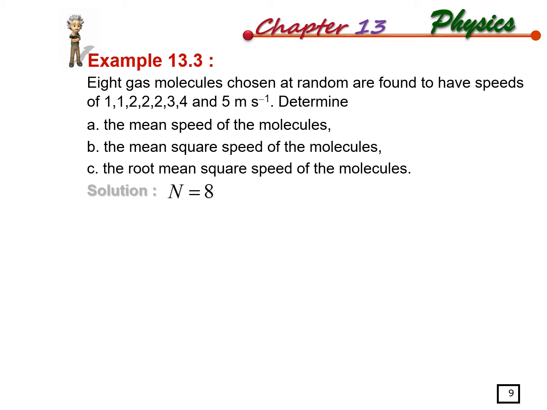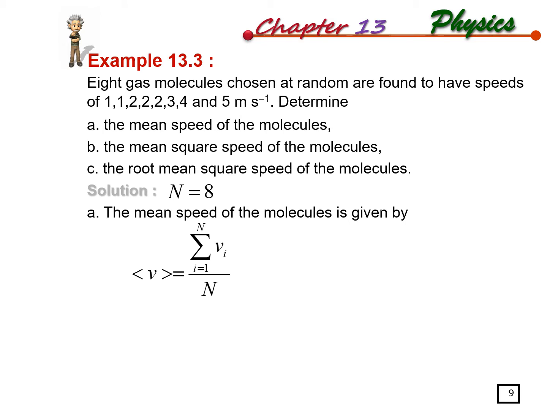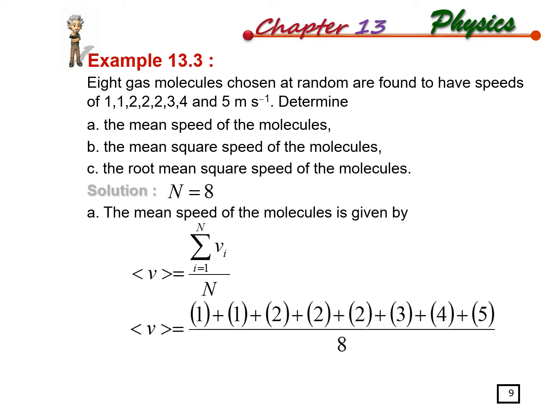For the solution, the number of molecules is 8. To determine the mean speed, just calculate the total speed and then divide by the number of molecules. Basically we find the average, which will end up with 2.5 meters per second.